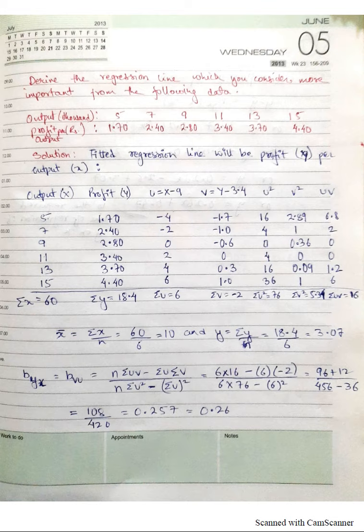Since one of the values is in decimals, or let's say fractions, we cannot use the formula that we had used in the earlier video, and we will have to use an alternate formula to find the coefficient of regression.